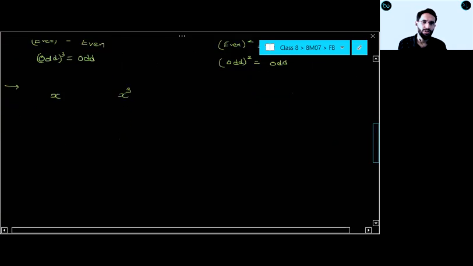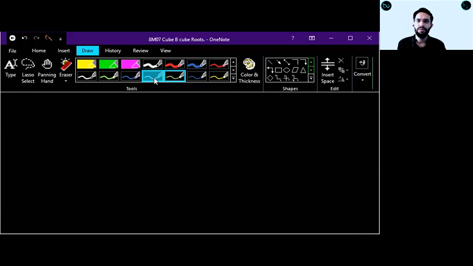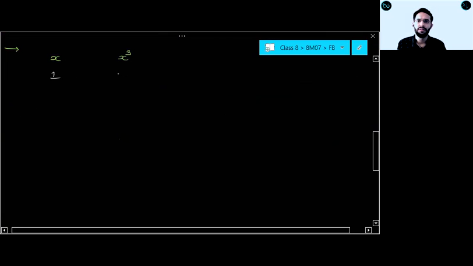Tell me quickly: if I write 1, what is 1 cube? 1. What is 2 cube? 8. What is 3 cube? 27. What is 4 cube? 64, right? 4 fours are 16, 16 fours are 64.